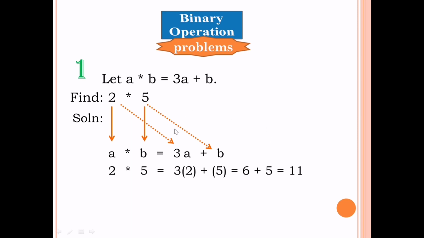So the answer is 11. Therefore, 2 binary operation 5 equals 11 with regard to the given binary operation.